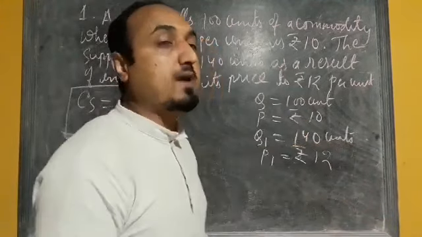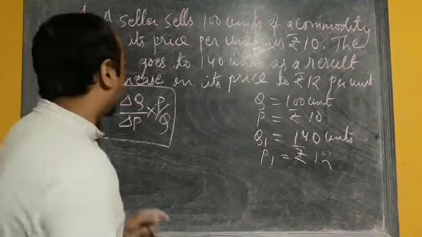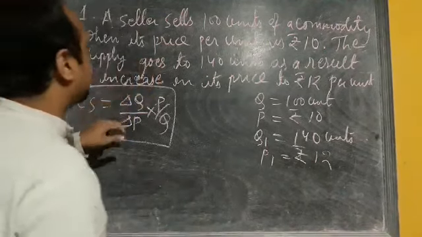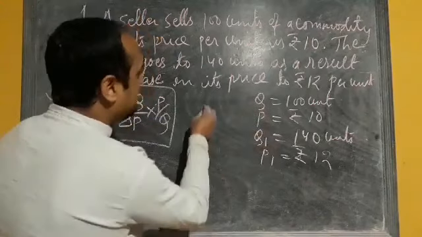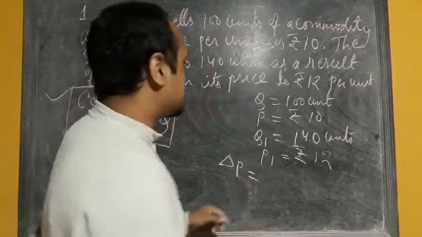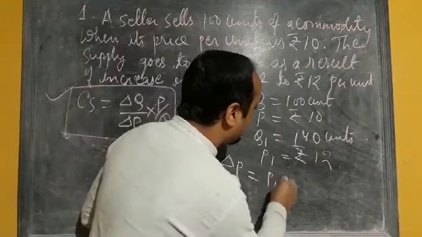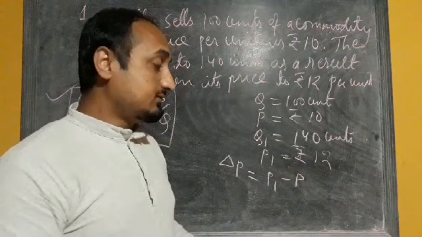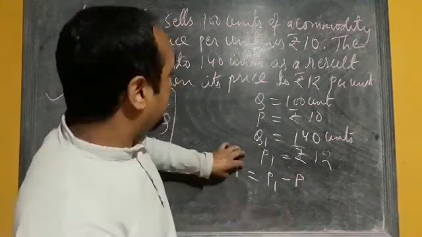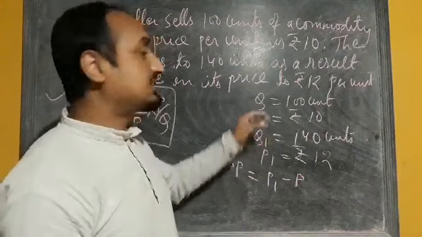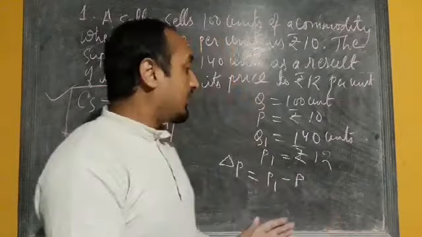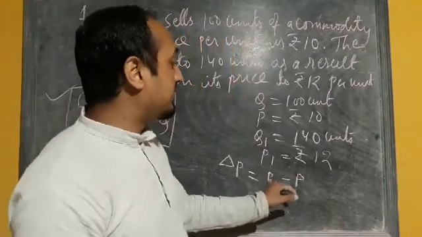Here we have to calculate the price elasticity of supply, and this is our formula. Now we have to calculate del P and del Q. Del P equals change in price, P1 minus P. Since price and quantity cannot be negative, we always subtract the smaller number from the bigger number.